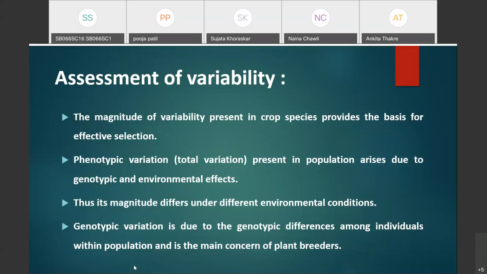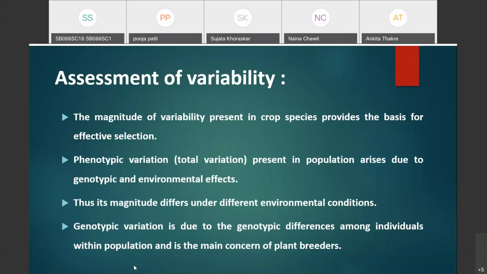That's why the phenotypic variation is referred to as the total variation, because these variations may be due to the genotypic and the environmental effects. Thus the magnitude of phenotypic variation differs under the different environmental conditions.